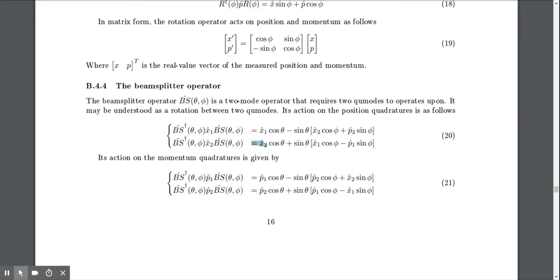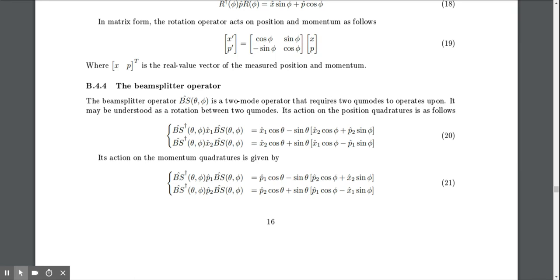The position of Q mode 2 is now depending on the position and momentum of Q mode 1. That makes sense.